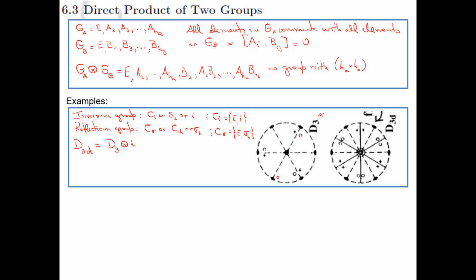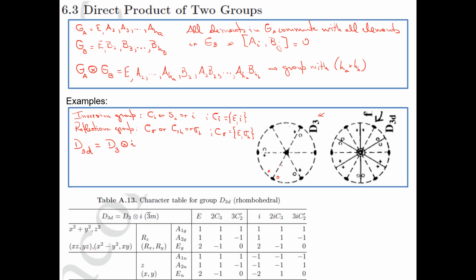This guy goes to here, and if I keep doing all the possible inversions, you will notice that I get precisely the D3D group.